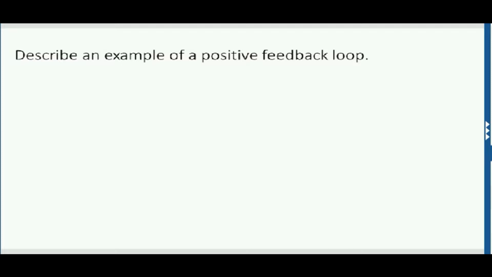This again is something that you would have done in your Environmental Science A course. So global warming is a type of positive feedback loop. We have melting ice, right?